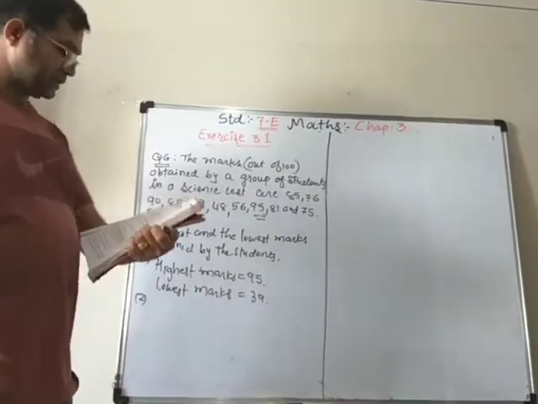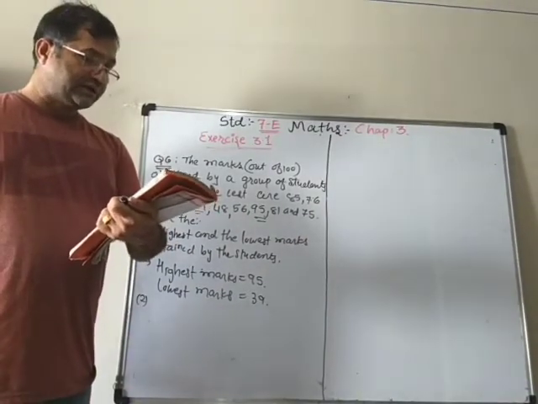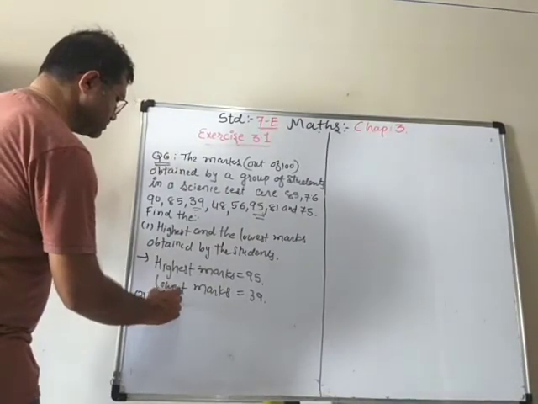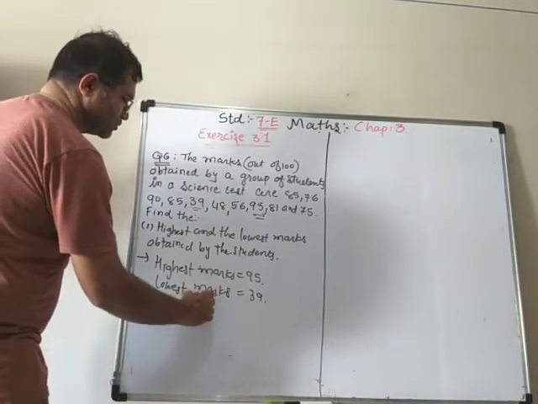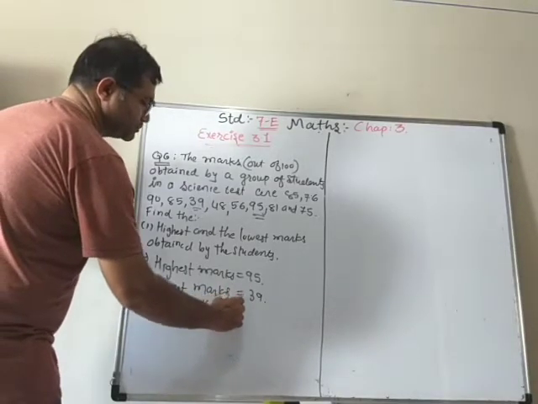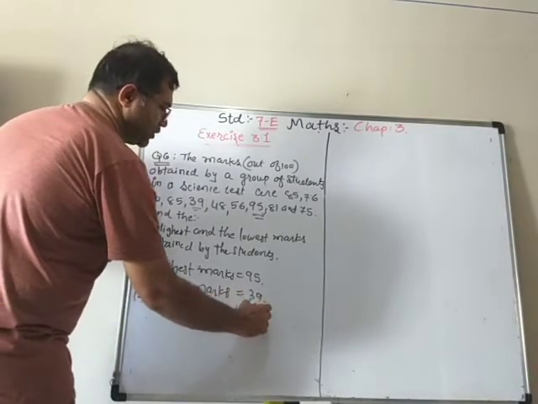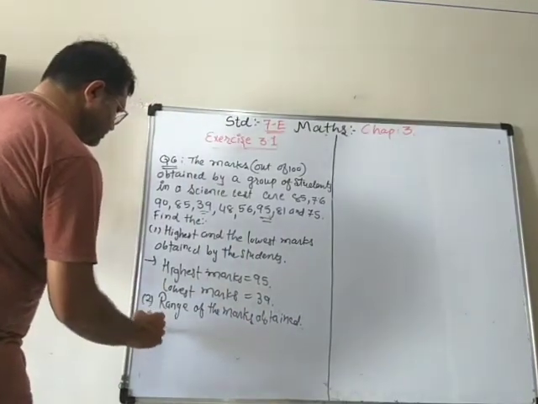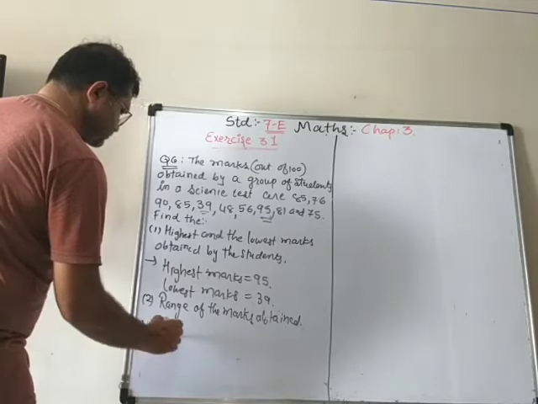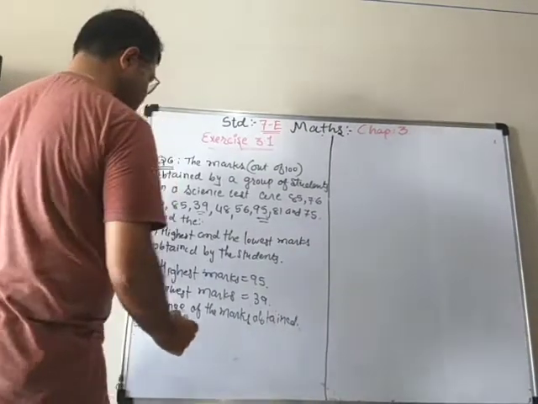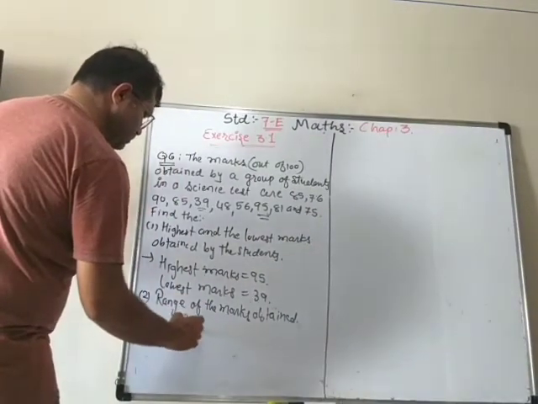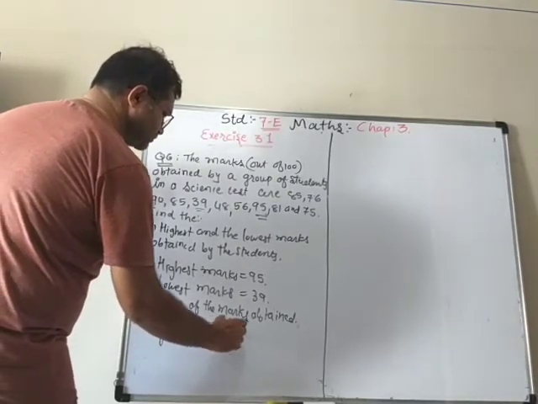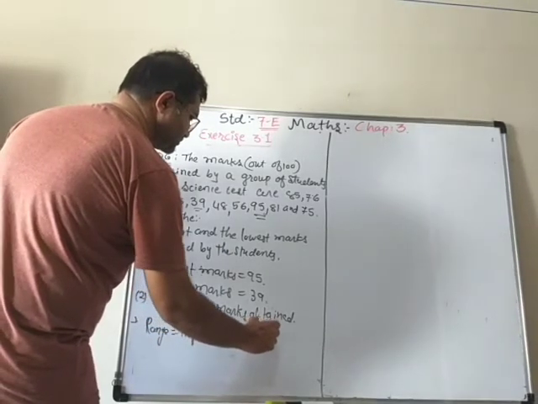What is the second question? Let's see. Find the range of the marks obtained. So we know that range is equal to highest mark minus lowest marks.